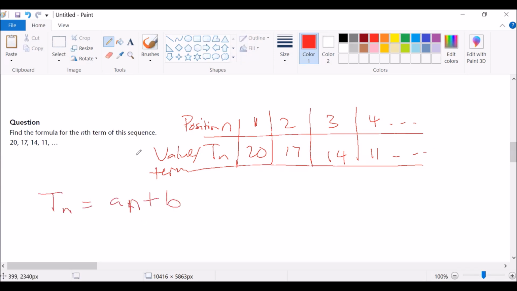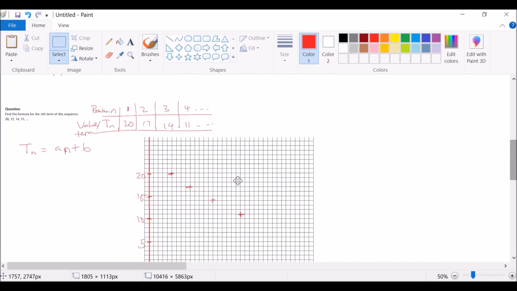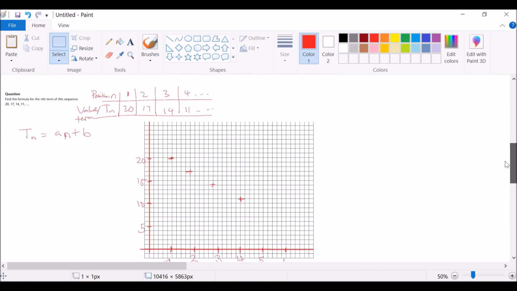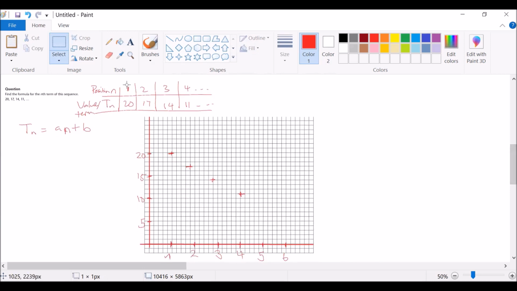Why do we say that? If we say this is a linear sequence, and we take these positions and put them on a graph, we can see the y-axis is the value or the term, and this is the position. Position 1 is 20.